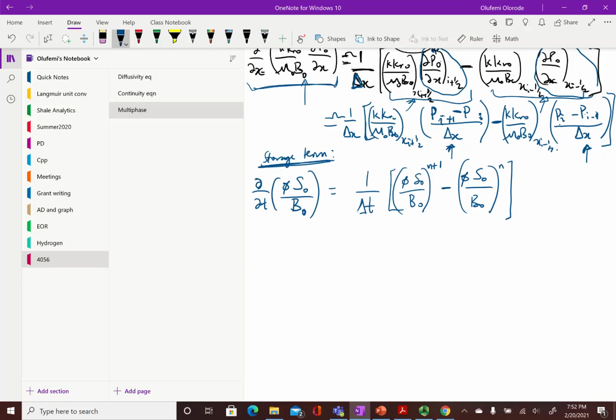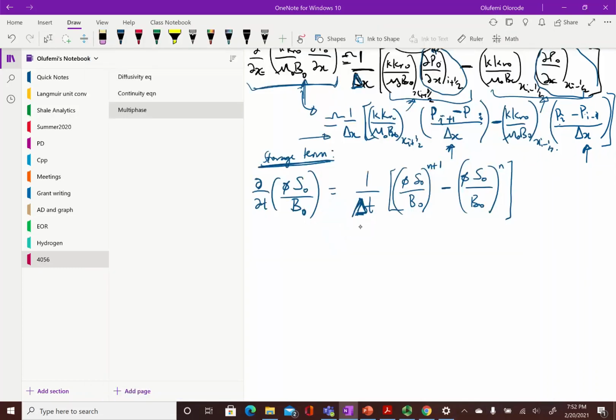So this is what you have for the discretization of the right hand term. This is what you have for the discretization of the left hand term. So what we do next, technically the equation is this discretized form equals this discretized form, but I want to do one calculation on top of this instead of just writing it as is.